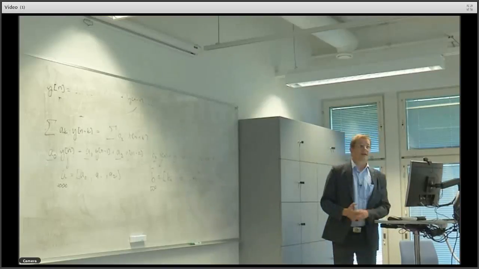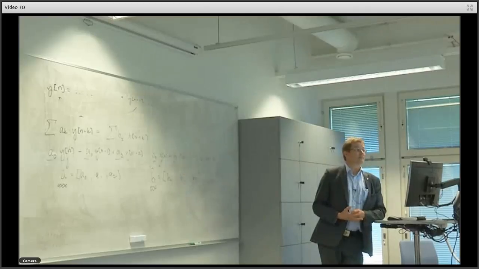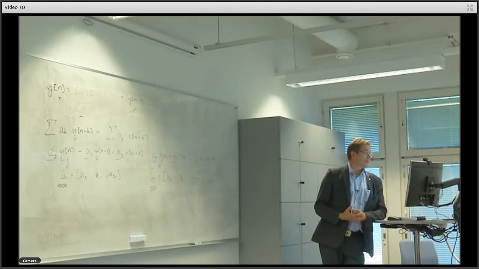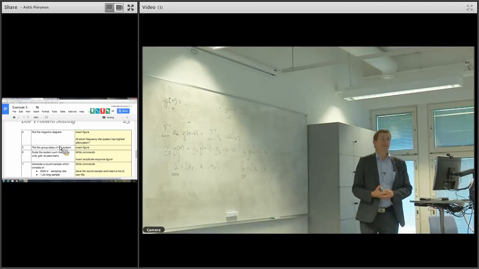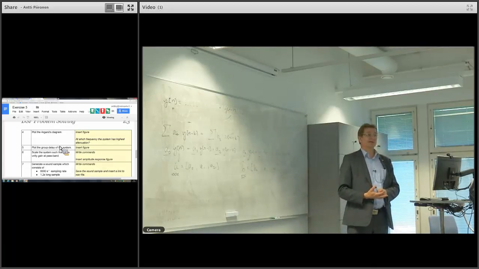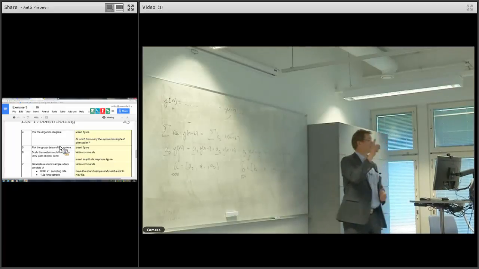Okay, then the Argand diagram, zero pole plot. And from that one, you might already start guessing at which frequency the system has highest attenuation. I'm looking for a real physical frequency.